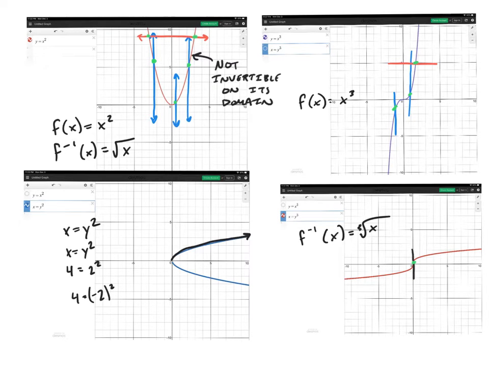It fails the horizontal line test. The same output has two inputs. Over here, this passes the vertical line test and the horizontal line test, meaning that it is invertible on its domain. Invertible.